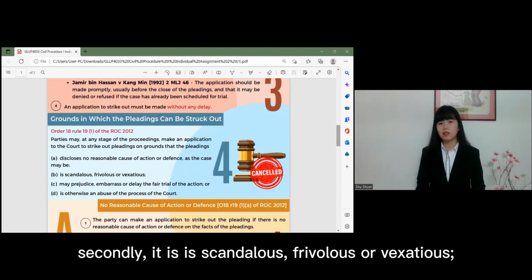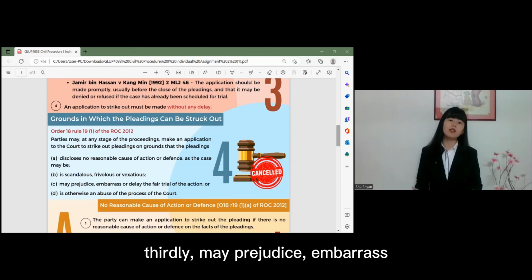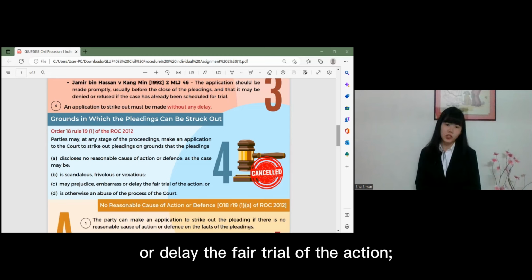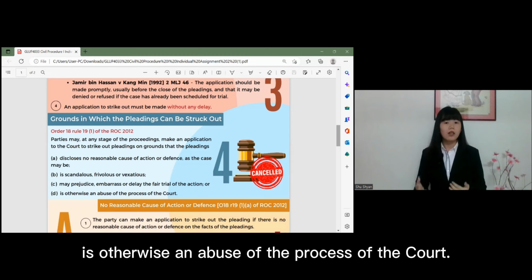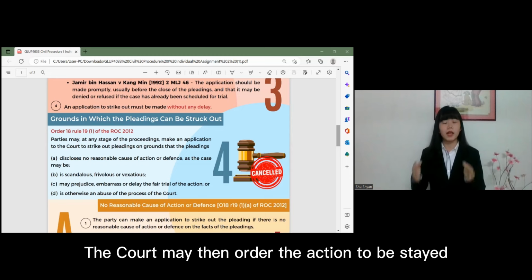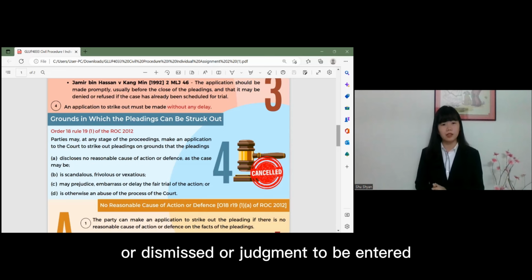Secondly, are scandalous, frivolous, or vexatious. Thirdly, may prejudice, embarrass, or delay the fair trial of the action. Or lastly, are otherwise an abuse of the process of the court. The court may then order the action to be stayed or dismissed or judgment to be entered accordingly.